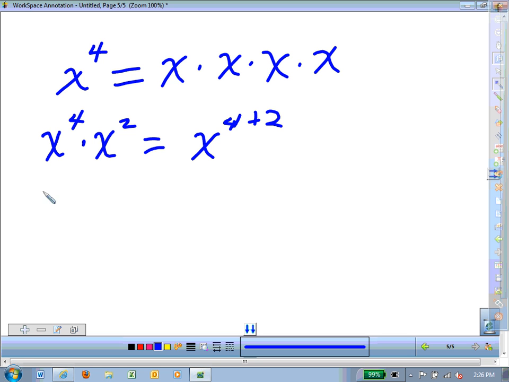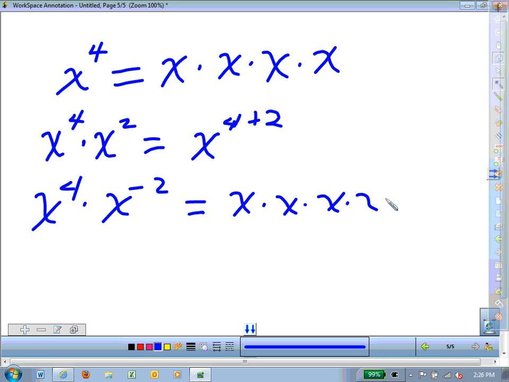You can also make sense out of counting backwards. So how many factors? Well, we would have 4. Now we have to go backwards 2, right?